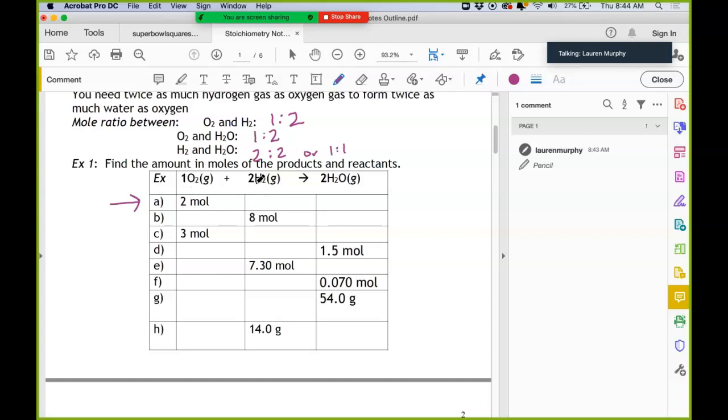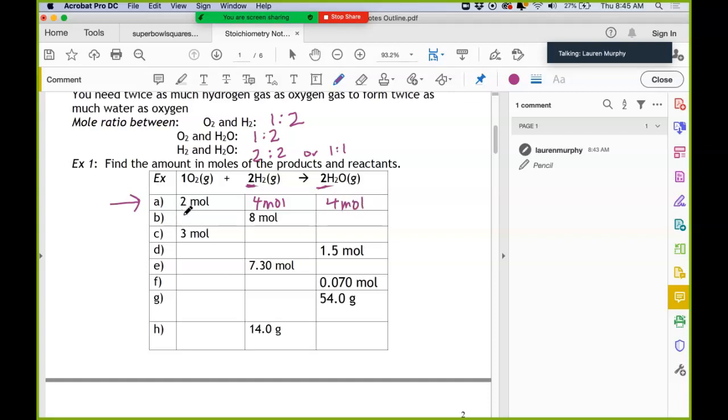Well, if it's a 1 to 2 ratio, if you have 2 here, you better have double here, right? 1 to 2 would be double of this guy, so that would be what? 4. 2 to 4 is a 1 to 2 ratio. Well, between hydrogen and water, it's a 2 to 2 ratio. So whatever hydrogen is, water is the same. So if hydrogen is 4, water is also 4 moles.